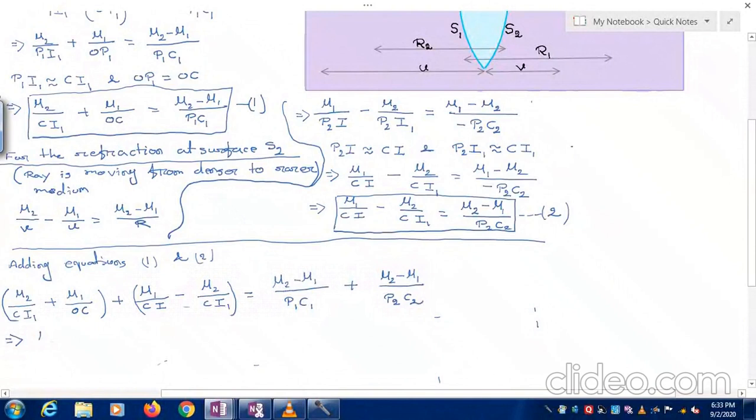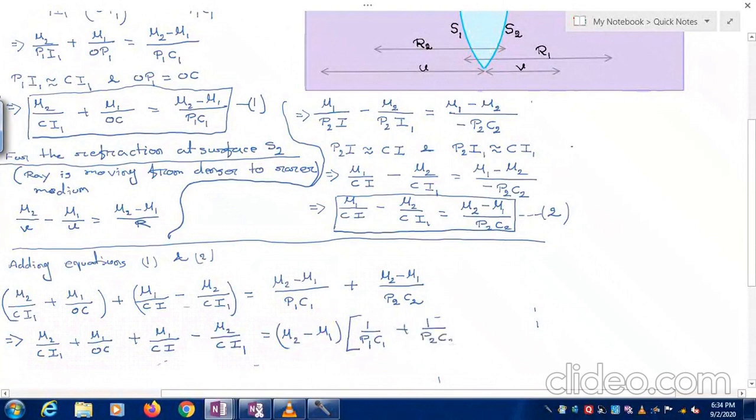So this implies mu2 divided by Ci1 plus mu1 divided by OC plus mu1 divided by Ci minus mu2 divided by Ci1 is equal to, here mu2 minus mu1 is common to both the terms, so mu2 minus mu1 into 1 divided by P1 C1 plus 1 divided by P2 C2.